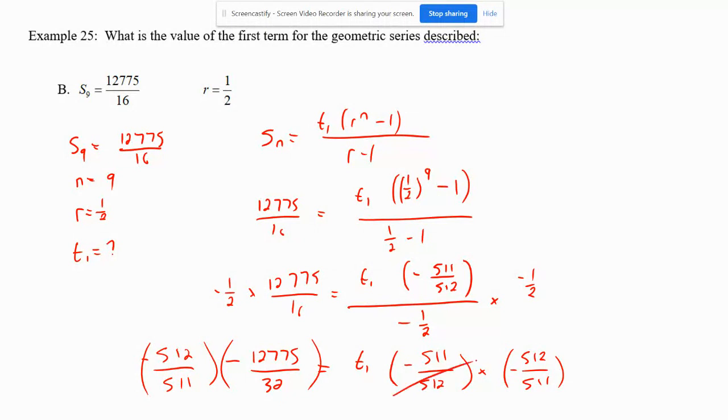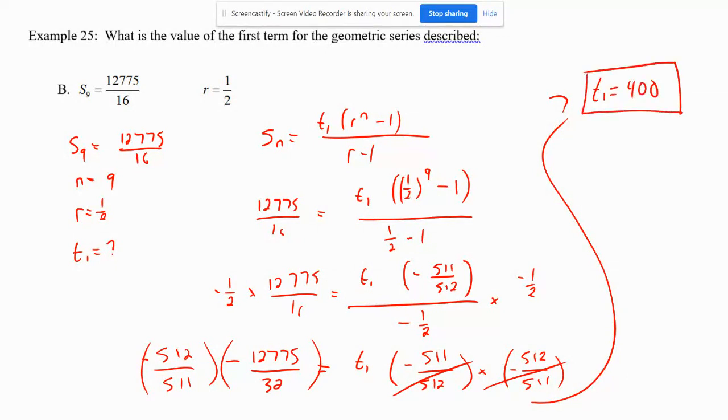Okay, so those guys cancel out here. And we get this answer gives us T1 equals 400, and that's how this question works out over here.